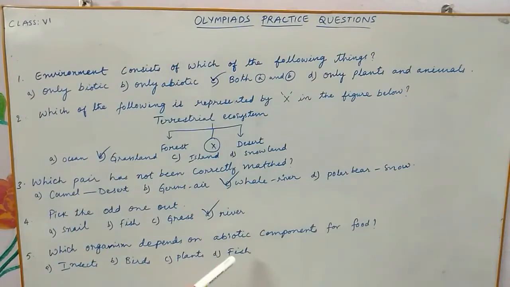Fish also, it feeds on algae or some small zooplanktons or smaller organisms. Plants depend on abiotic components because through sunlight, through carbon dioxide, through minerals only, they make food. So, plants depend on abiotic components for food. Am I clear, children? Okay, let's see some more questions.